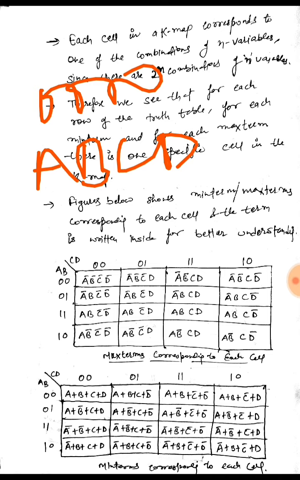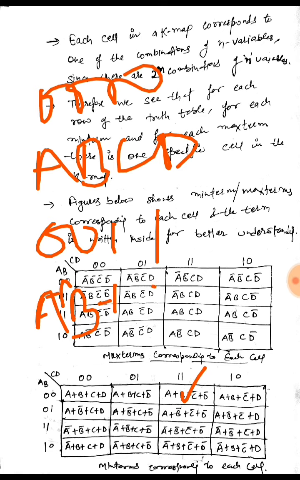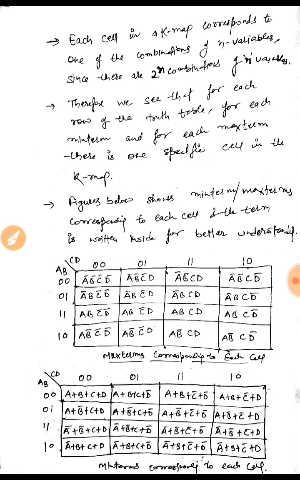And for this third cell, it would be 0 0 1 1, so it would become a plus b plus c bar plus d bar.